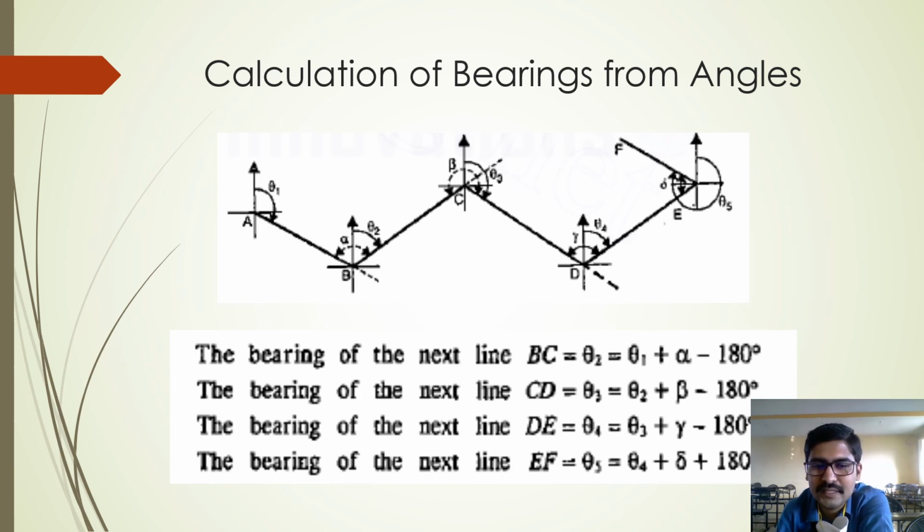In that theta 1 you are supposed to add alpha, right? So that is theta 1 plus alpha, then you need to subtract 180 degree from that, because that gives you the complete horizontal angle, that is 180 degree. So if you subtract 180 degree, you are going to get theta 2.